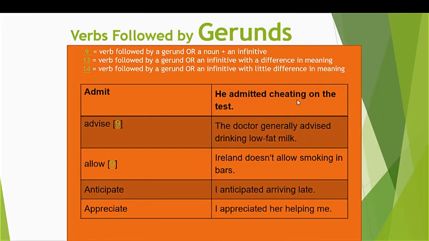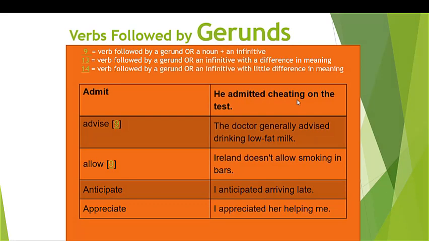The indicator is this one in the previous slide. 9, verb followed by a gerund or a noun. 13, verb followed by a gerund or an infinitive with a difference in meaning. And then 14, verb followed by a gerund or an infinitive with little difference in meaning.